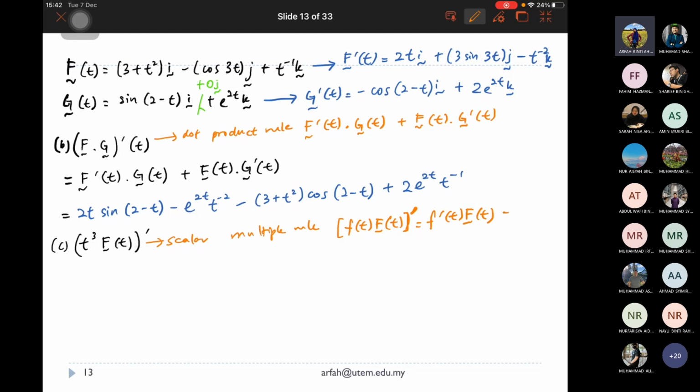tambah dengan F T prime T. Okay, so ini adalah awak punya FT. So in this case, FT sama dengan T kuasa 3. So F prime T akan sama dengan 3 T kuasa 2. So cuba dapatkan T kuasa 3 FT. And your F T dan juga F prime T as given.